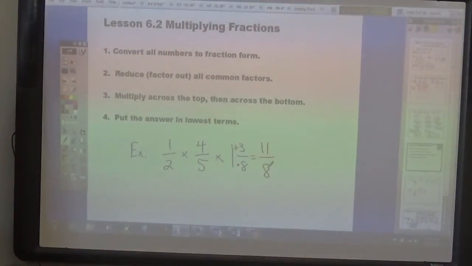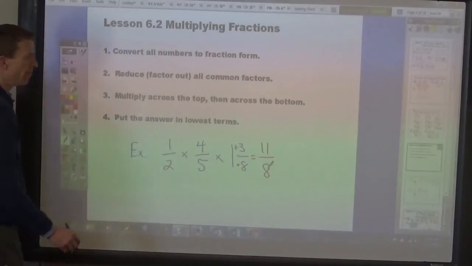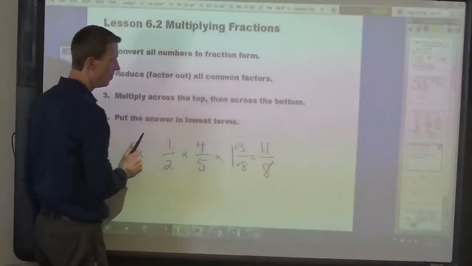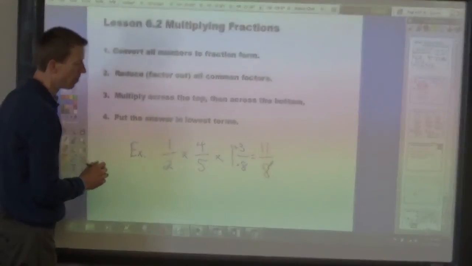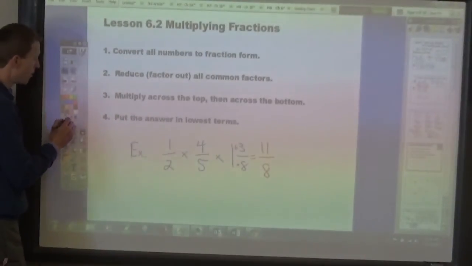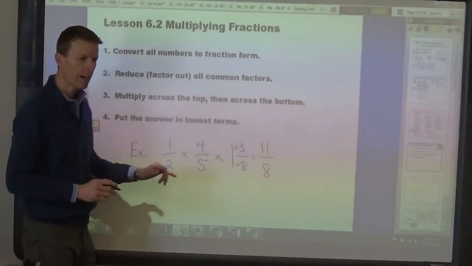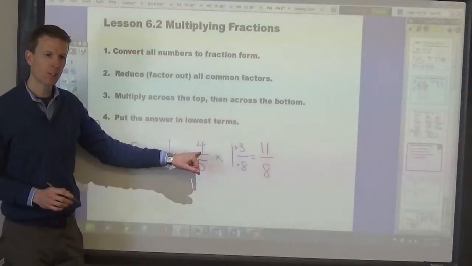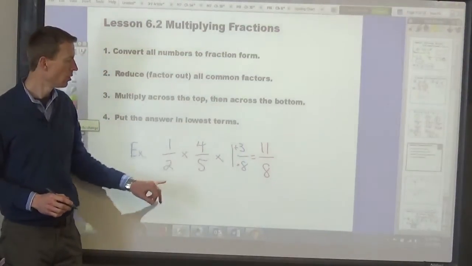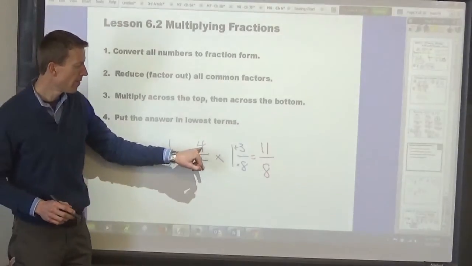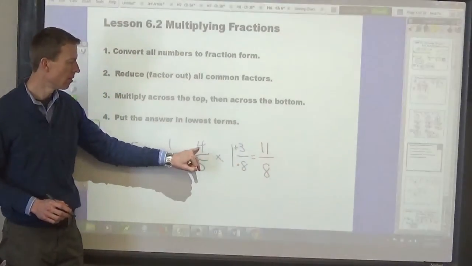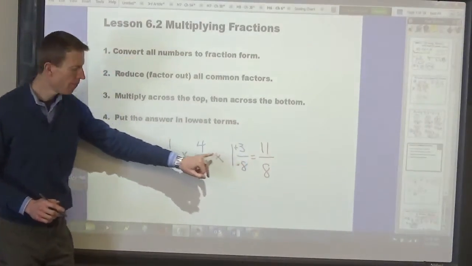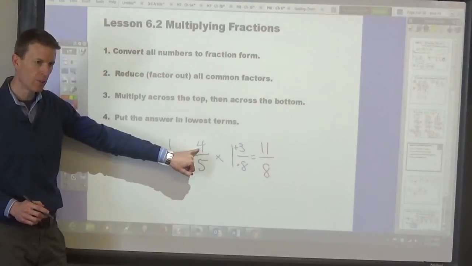Okay. Now we can factor. Okay? When you're looking for factors, one thing you have to remember is that you can only factor once. In other words, I could factor 4 and 8, but I can't factor the 4 again if I reduce it.